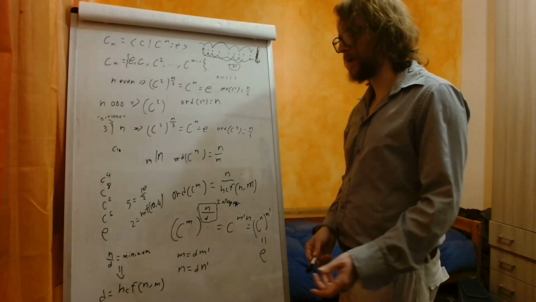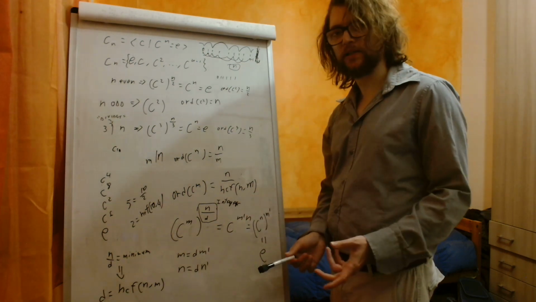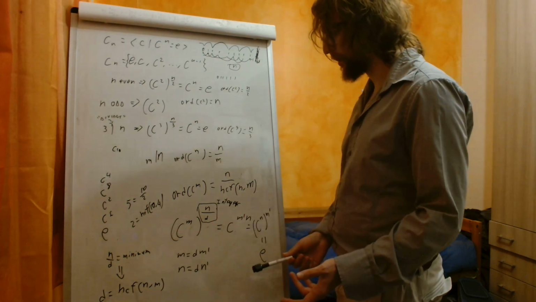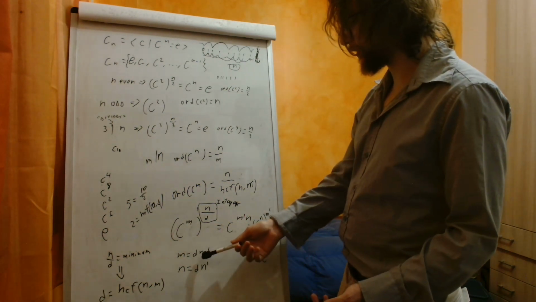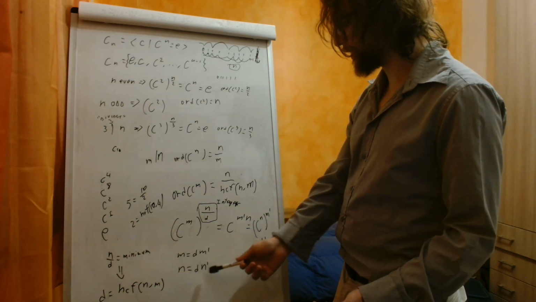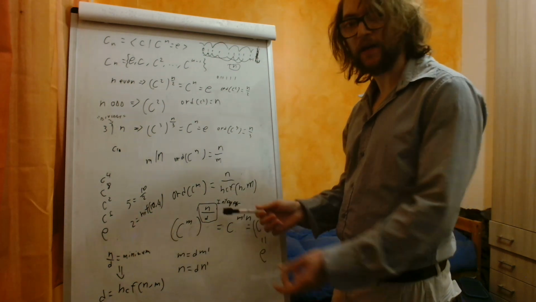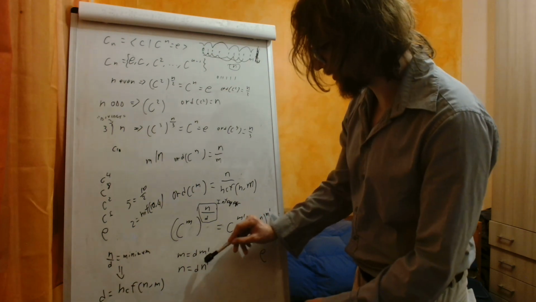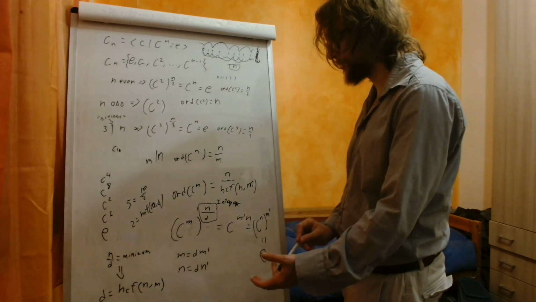And this is obviously because if m and n have a factor d in common, so we can write m equals d m prime and n equals d n prime, then n divided by d is an integer because it's n prime.